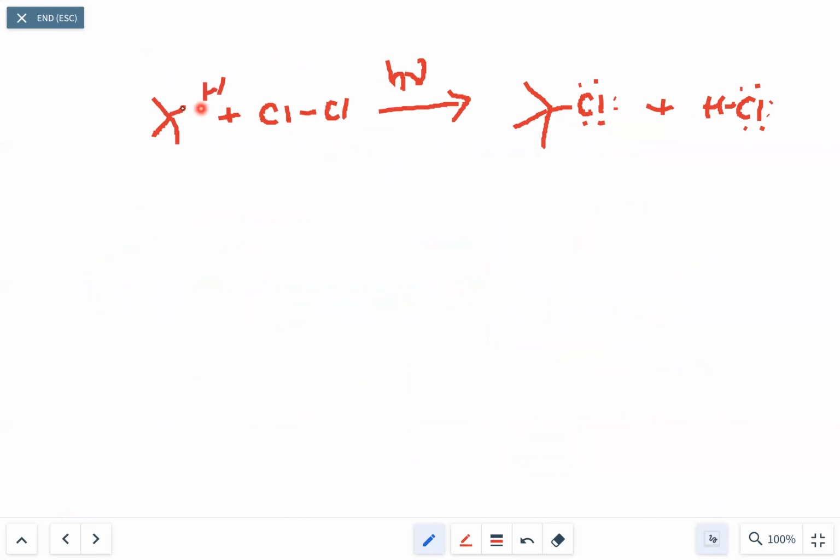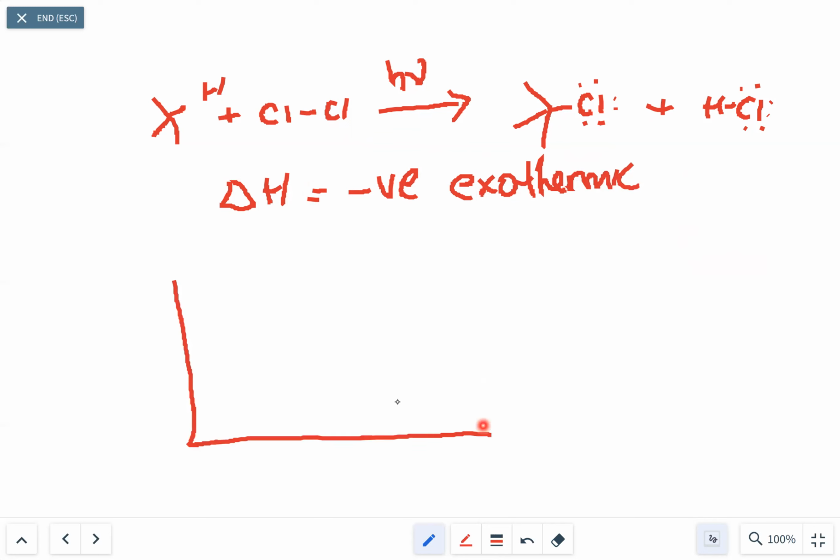Here's our little proton, which is being abstracted. This delta H was negative. So it was an exothermic reaction. It gave off lots of heat. So you might have seen energy diagrams in the past which had delta H here. And the x-axis is what we call the reaction coordinate.